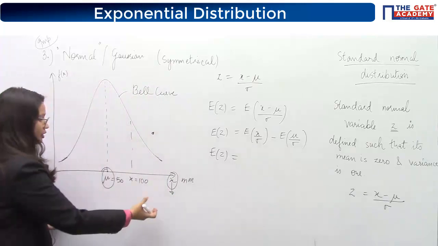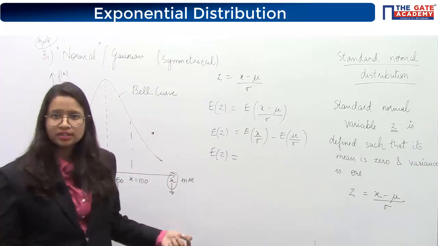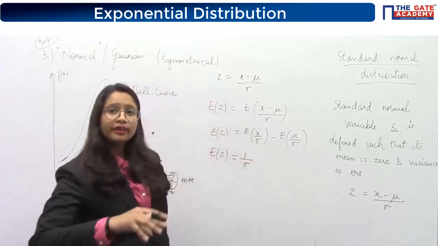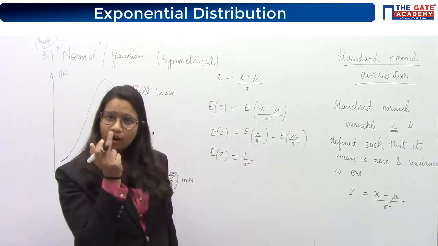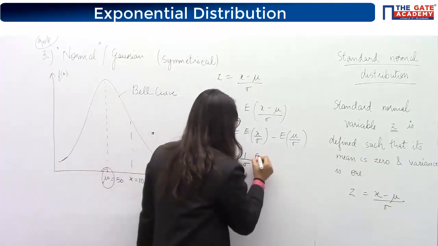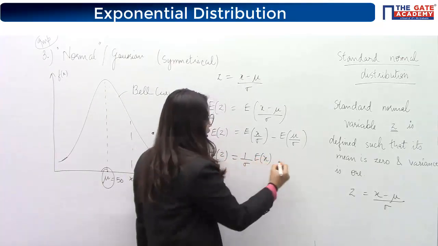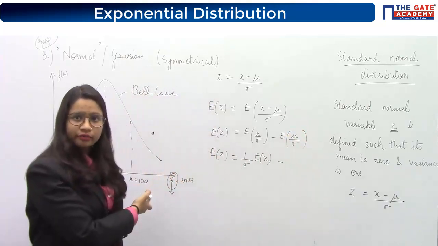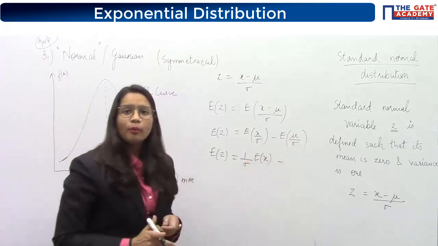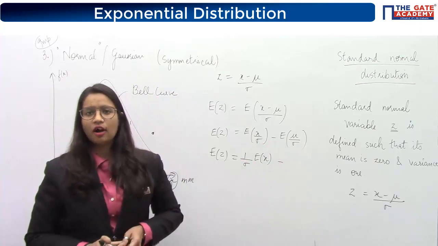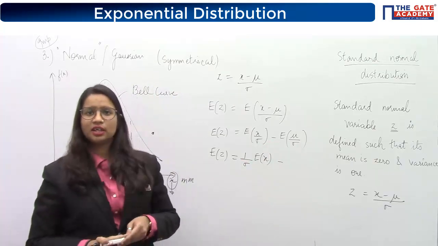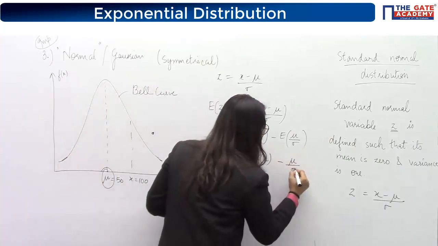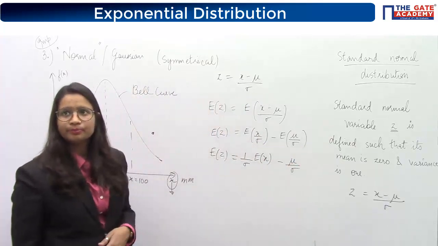Sigma is the standard deviation for this curve, which will have some constant value, so sigma can be taken out common. You have seen that E of a times x is a times E of x. So sigma taken out, it will become E of x here. And mu is again a constant defined for this function. What is the expectation of a constant? Using the properties, we have seen the expectation of a constant is the constant itself. So it will come out like this.